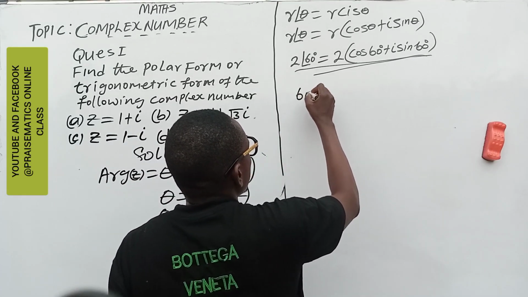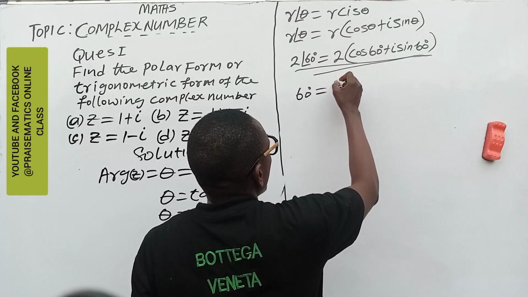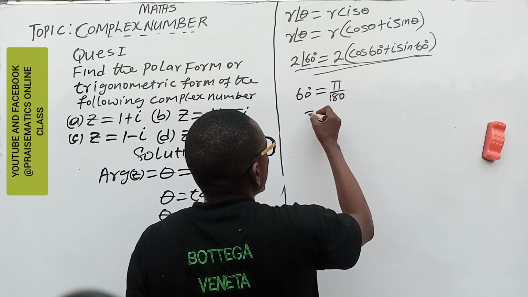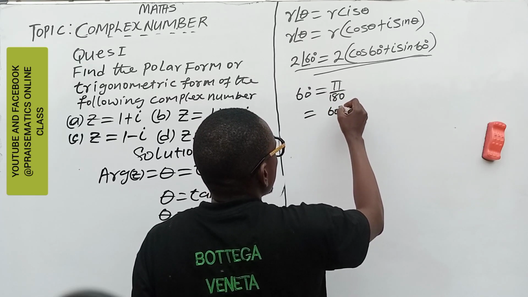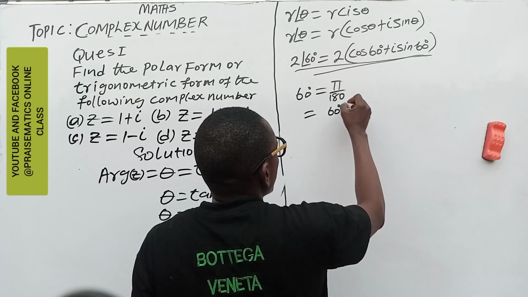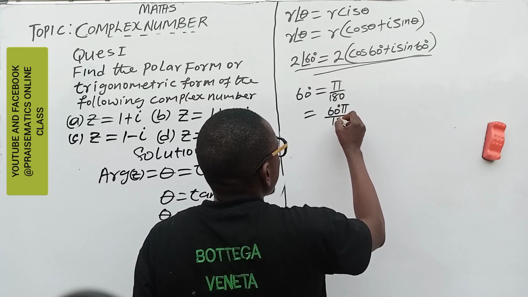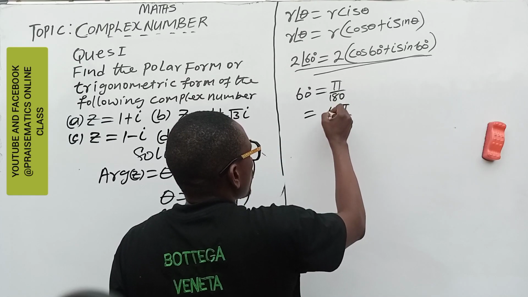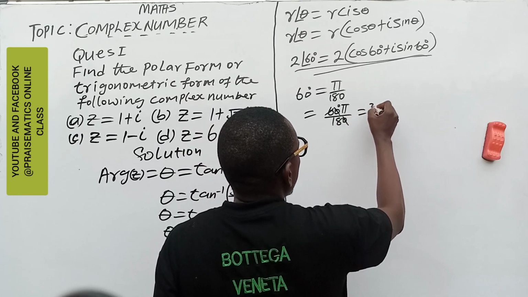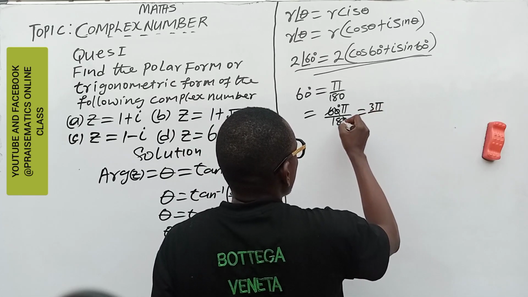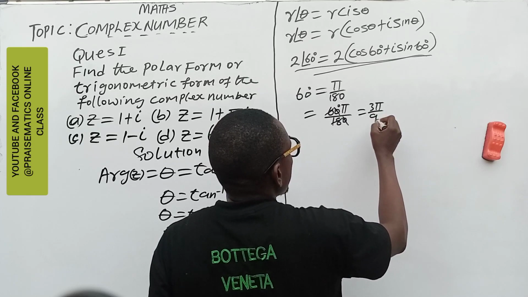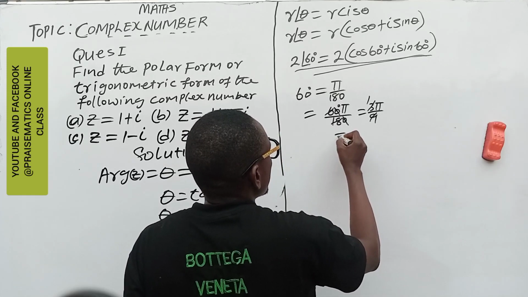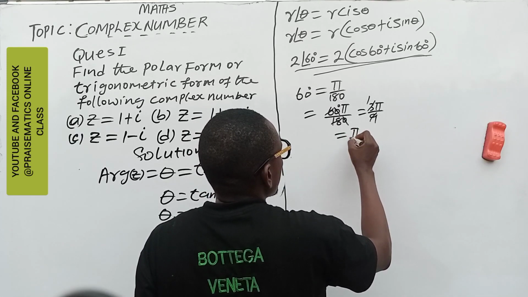You know that 60 degrees is multiplied by pi over 180. The zero will cancel, 6 goes into 18 three times, so finally this is equal to pi over 3.